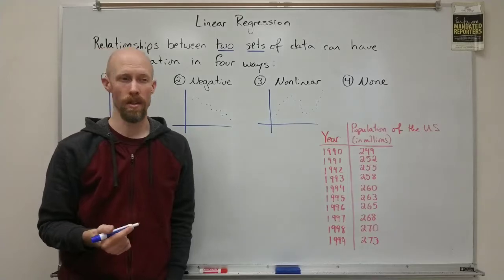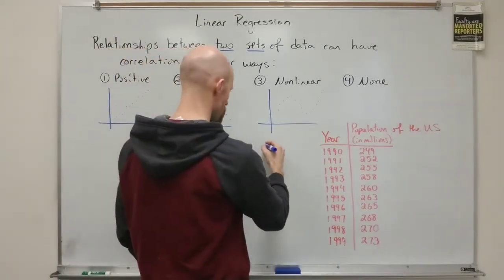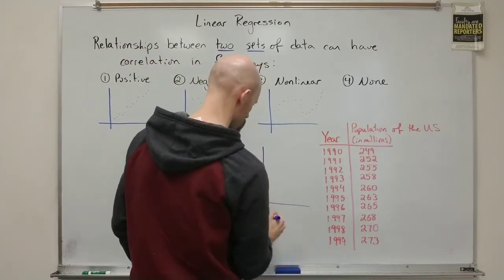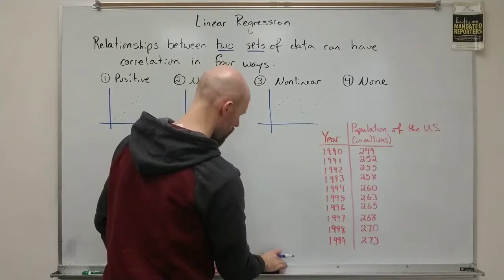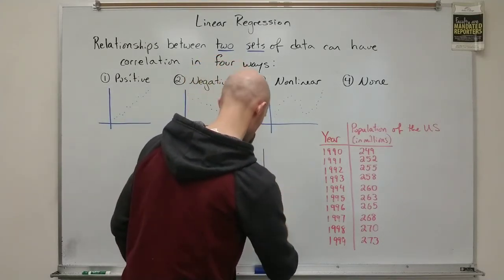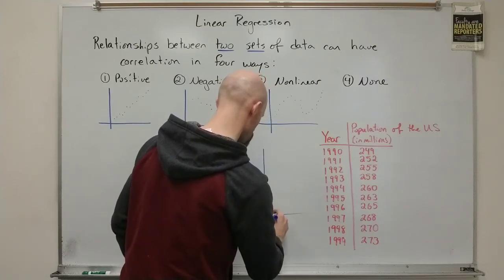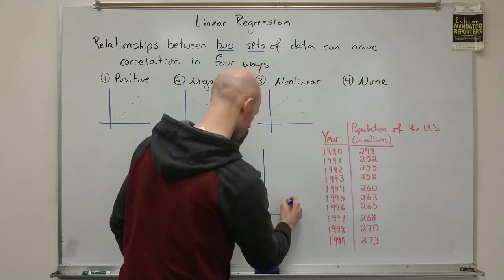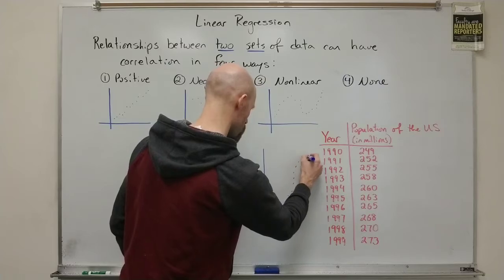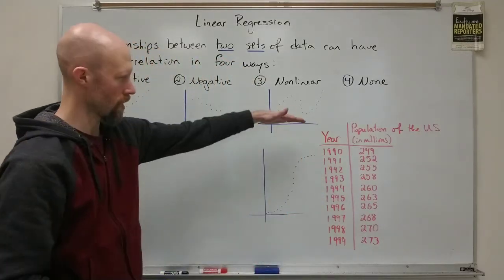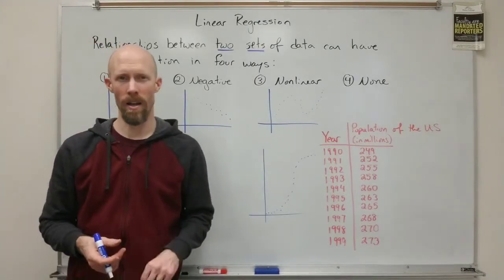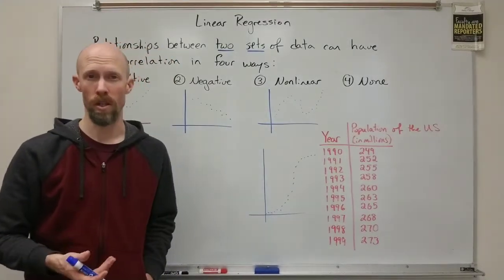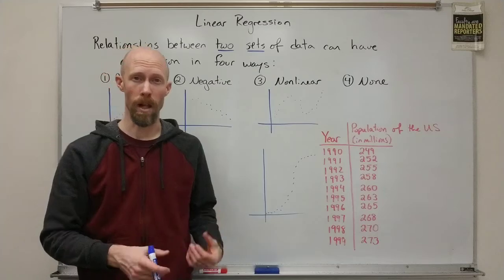Could be a lot of different things. Maybe I'll do another one here. Could have some sort of change in the rate. Maybe it's always increasing, but it's increasing slow and then increases very quickly and then maybe levels off again or something. So there's variety in what the correlation could look like or what the scatter plot could look like.